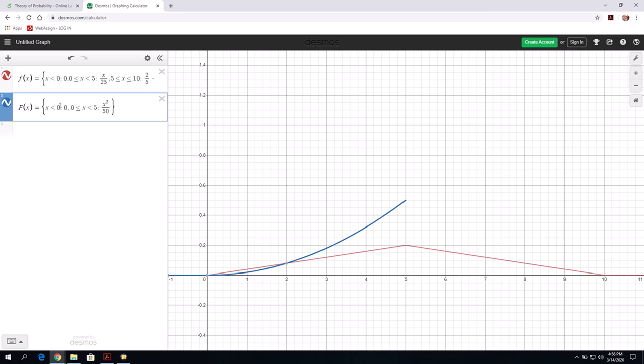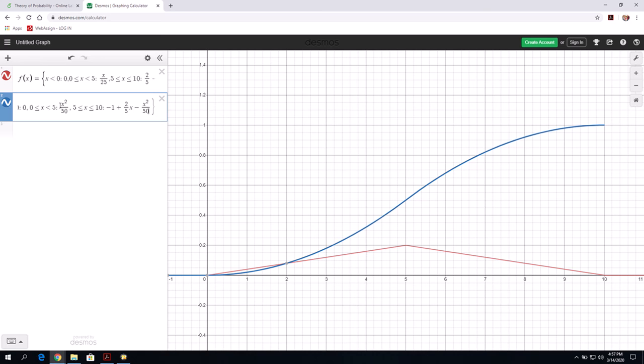And then if x was between 5 and 10, 5 less than or equal to x less than or equal to 10, it was -1 plus 2/5 x minus x squared over 50, like that.